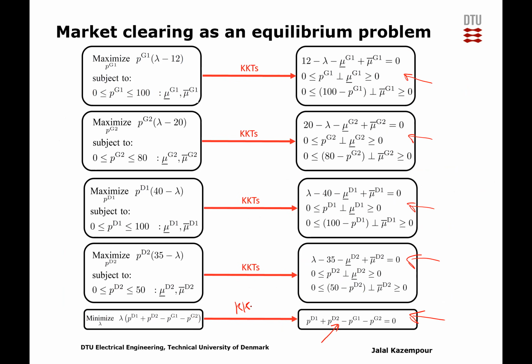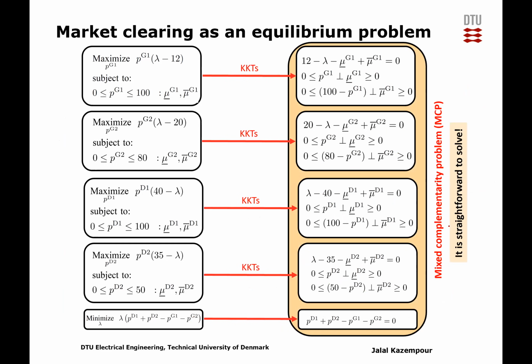Also, we have to write here KKTs. Good. So now this is our MCP problem, our mixed complementarity problem. So to solve this equilibrium, we need to solve this MCP problem. Okay. So this is why we need to learn how to derive KKTs. It's important to learn by heart how to derive KKTs.